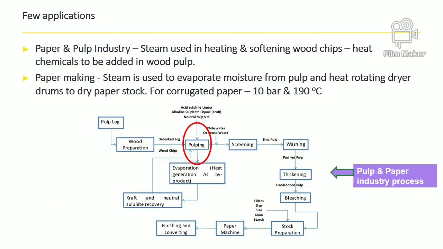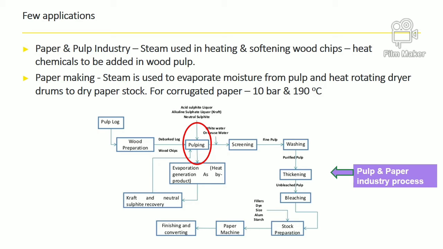Steam is used in paper and pulp industry. It is used in heating and softening wooden chips. Also, it is used to heat the chemicals that are added in the wood pulp in paper manufacturing process.